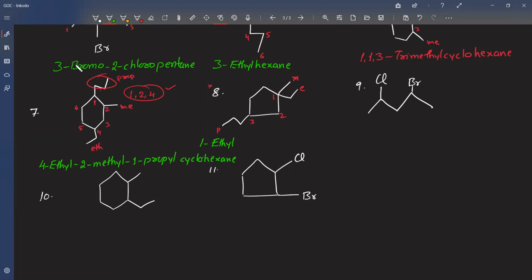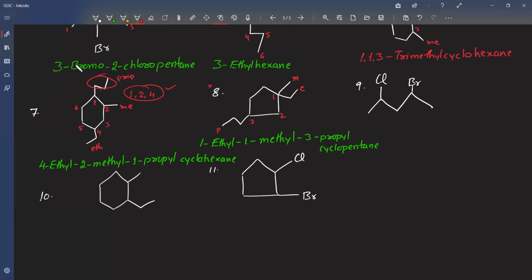While writing, you will always have to write the substituents in alphabetical order. At position 3, there is propyl. At position 1, there is methyl and ethyl both. So first you will have to write ethyl, then at the same position 1, there is methyl, and then you have propyl at third position, so propyl and cyclopentane. That is correct.